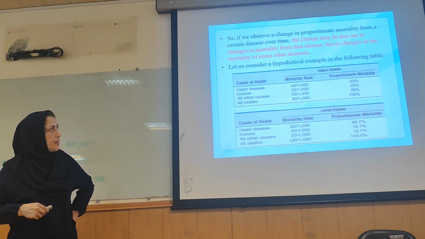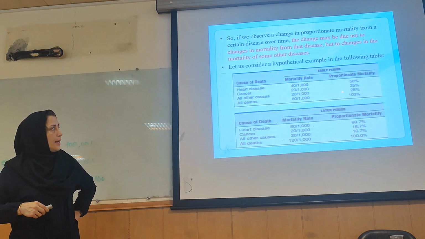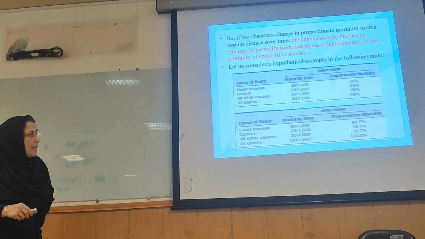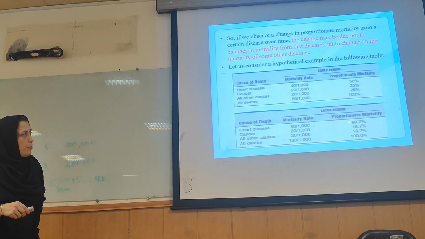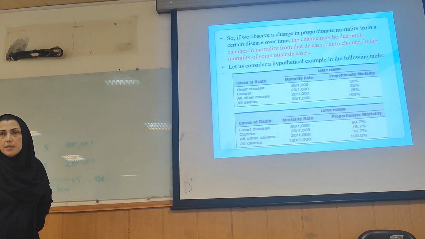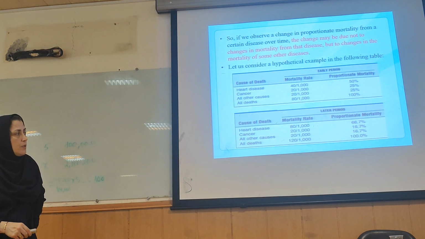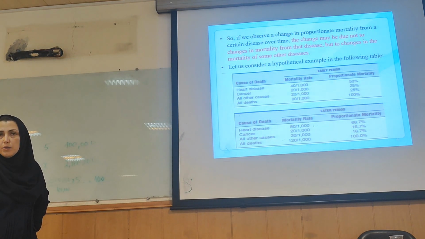Cancer is 25%, the result of dividing 20 by 80, and all other causes is 25% as well. How about later period? The proportionate mortality of heart disease, 80 divided by 120, equals 66.7%. Cancer and all other causes are almost 17% and almost 17%. Okay?